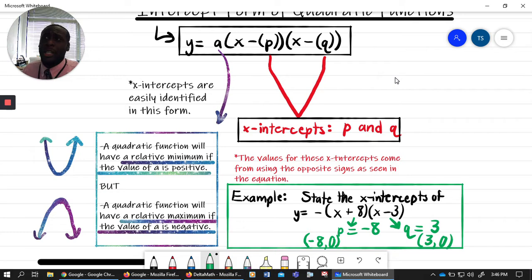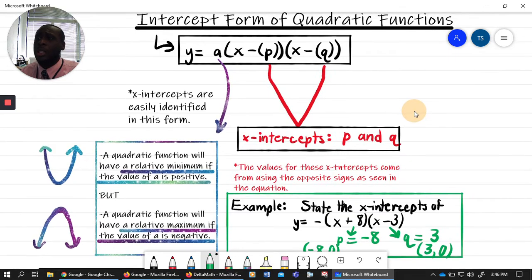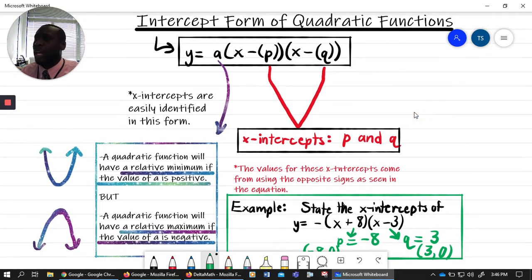Again, folks, that was just a quick little example. Next, we're going to look at what it looks like when you're trying to determine the x-intercepts from looking at a graph, and also how to determine certain parts of the equation in intercept form by looking at a graph.